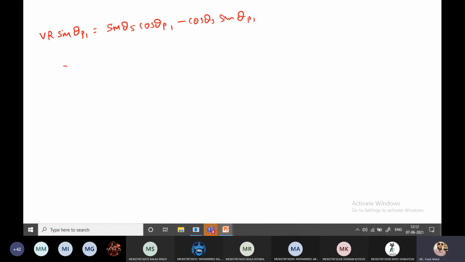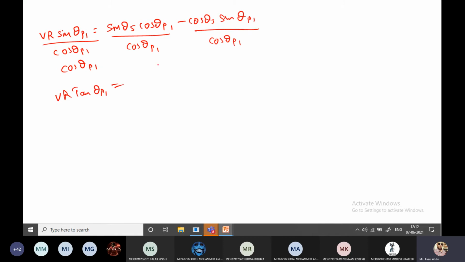Now I am dividing both sides by cos theta p1. This becomes Vr tan theta p1. Here cos theta p1 cancels, leaving sin theta s, and the cos theta s term becomes tan theta p1.